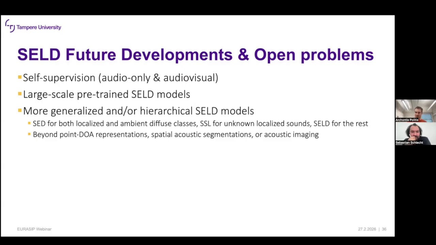Then we can go beyond point direction-of-arrival representations, because in reality we have extended sources, large objects producing sound. So to do that, we have to move towards a kind of redefinition of the output representation. Maybe it's something like spatial segmentation or more like acoustic imaging, for example.